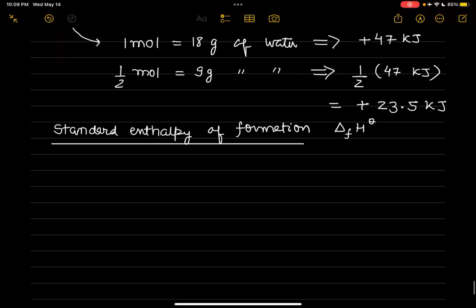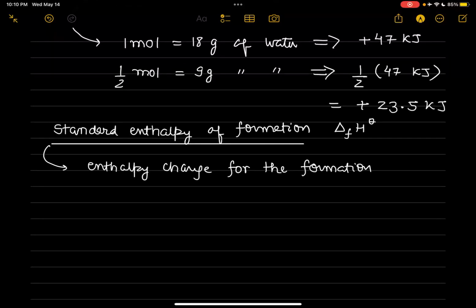So, standard enthalpy of formation is the enthalpy change for the formation that you told very clearly. But we can make 1 gram, 1 mole, 2 mole, 3 mole, 10 moles, okay?